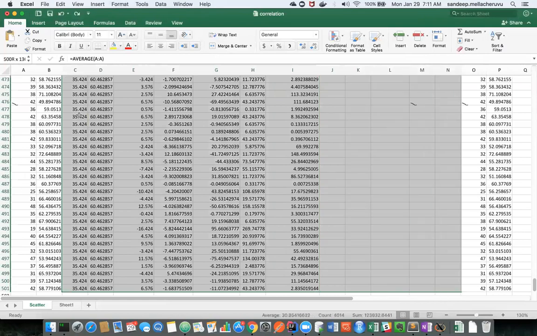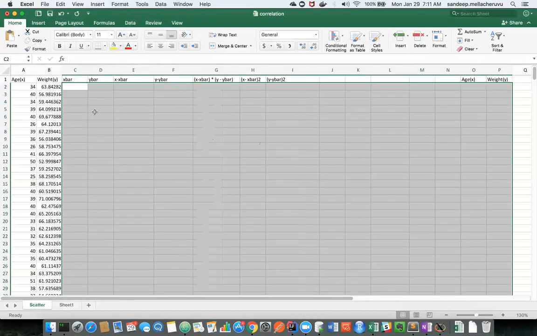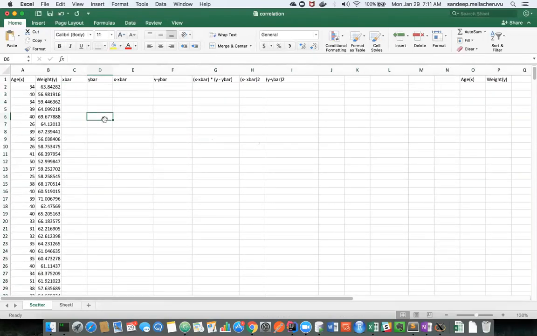Okay, I'm just removing all these things so that we'll be able to calculate all this together now. Now this Excel sheet has age and weight. I have already described these two things, and I have already shown you how to do a scatter plot on this. But now we wanted to get some metric.